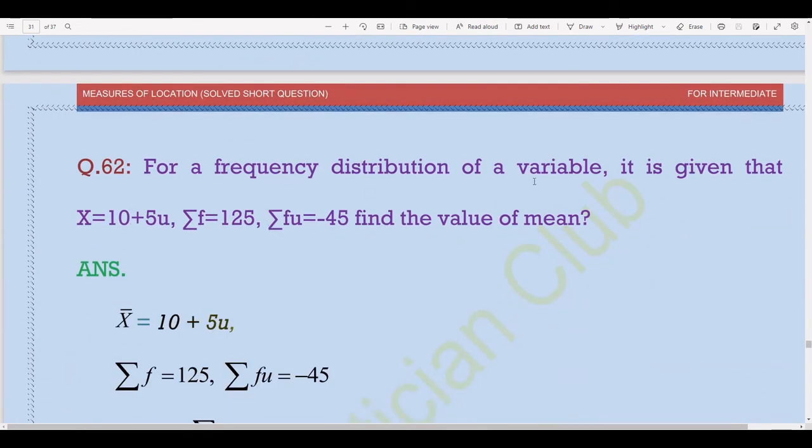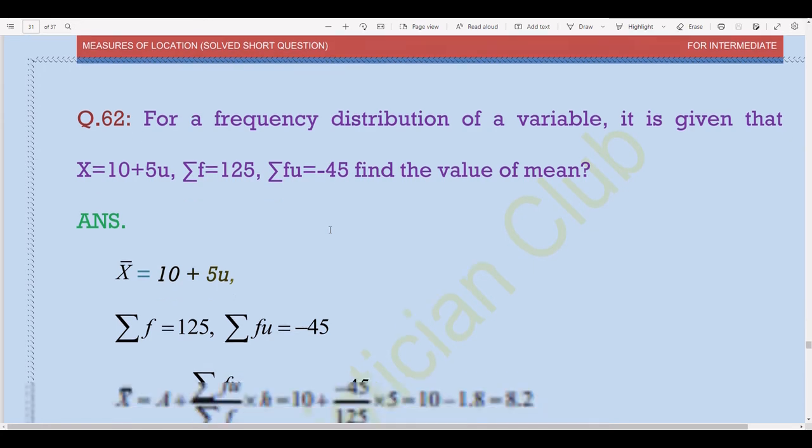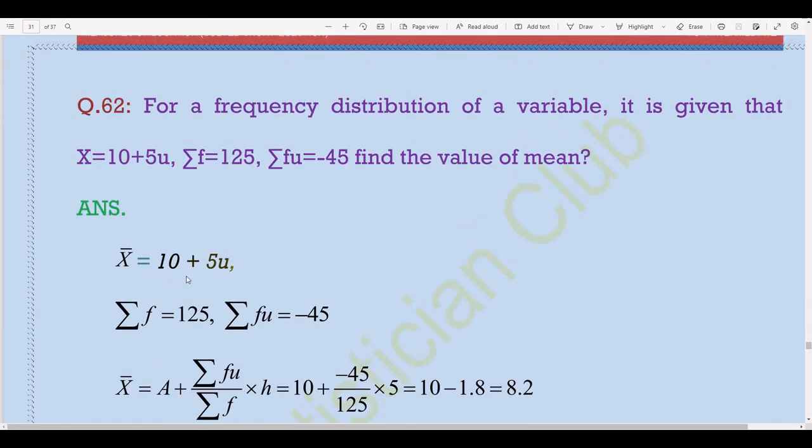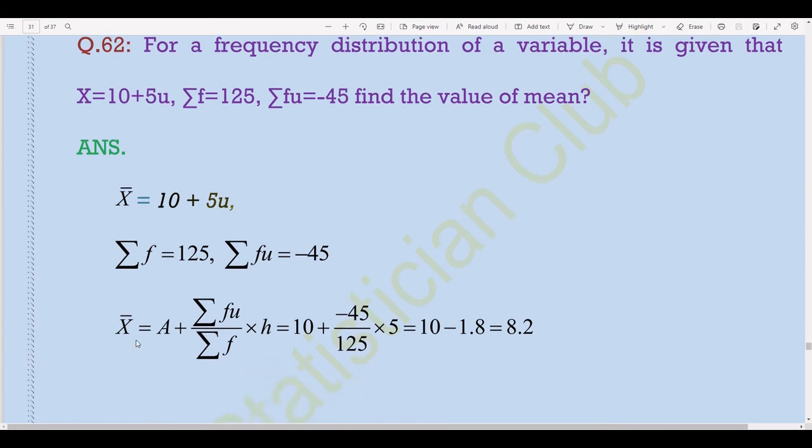For a frequency distribution of a variable, it is given that x is equal to 10 plus 5u, sum of f is equal to 5, sum of fu is equal to minus 45. Find the value of mean. When u and f both occur, it means u is the presence of the coding formula and f is the sign of grouped data. So first write your formula for grouped data.